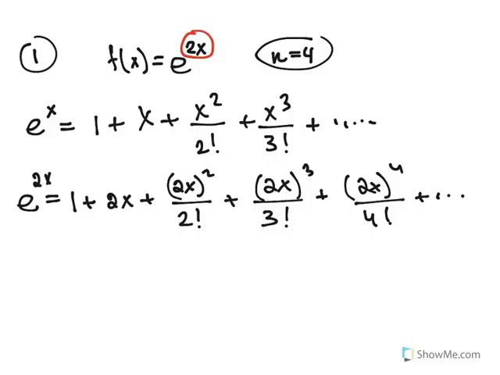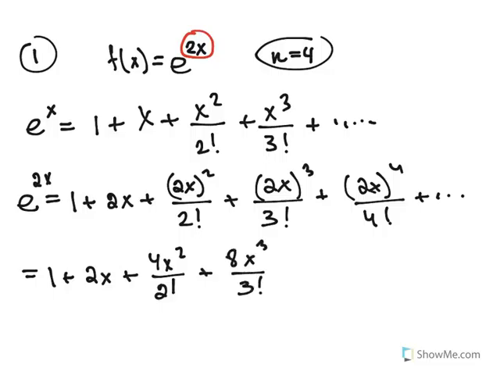Now, we should simplify it because that's what usually they do on multiple choice. So it's 1 plus 2x plus 4x squared over 2 factorial plus 8x cubed over 3 factorial plus 16x to the fourth over 4 factorial. Now, you might see, as your answer, something like this, or sometimes they simplify even further.